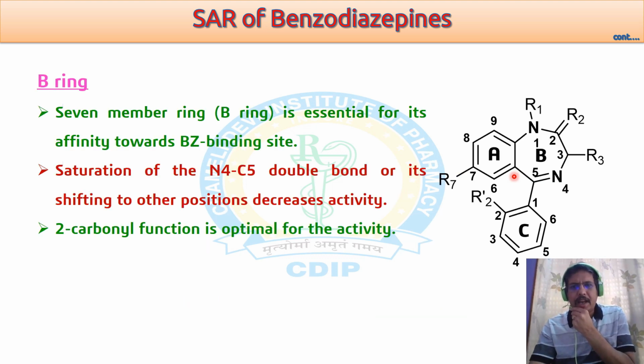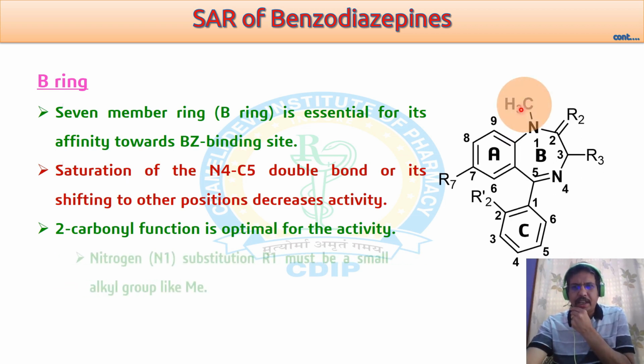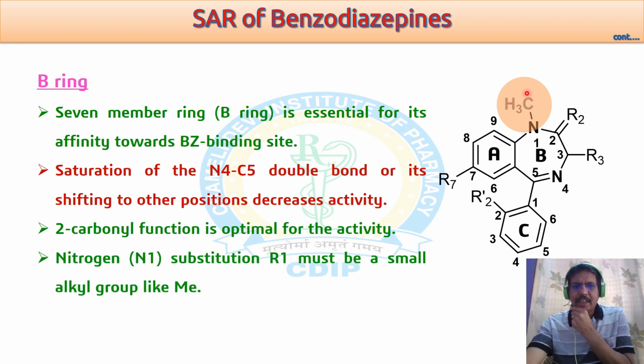Then another thing is the changes which take place on the N1 position, meaning we can do the modification on N1 in the form of an alkyl group, and when we do this modification with a small alkyl group, then the compound retains the activity.